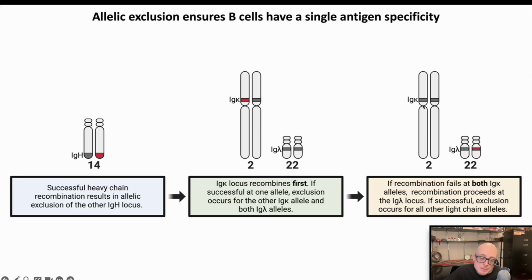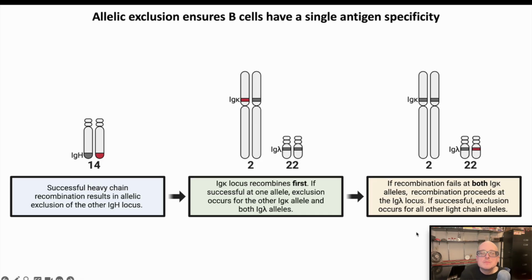Conversely, if both of the kappa loci fail to recombine, but one of the lambdas does successfully recombine, then that means that the other one of the lambda loci will be suppressed, and both of the kappa loci will be suppressed. So again, we only want one light chain. It can only be kappa or lambda, and so whichever one we successfully recombine, out of our four possibilities, we will suppress the other three, and that's what these text boxes lay out for you.